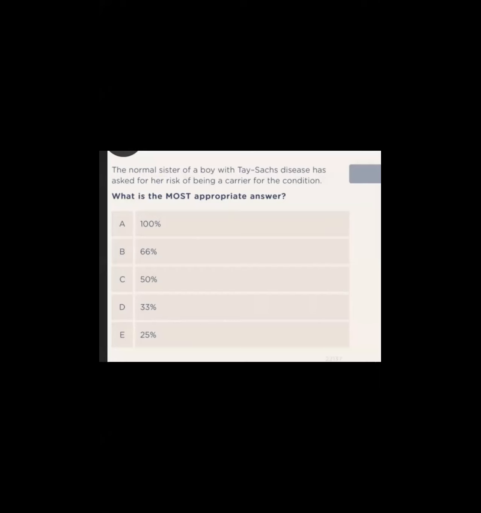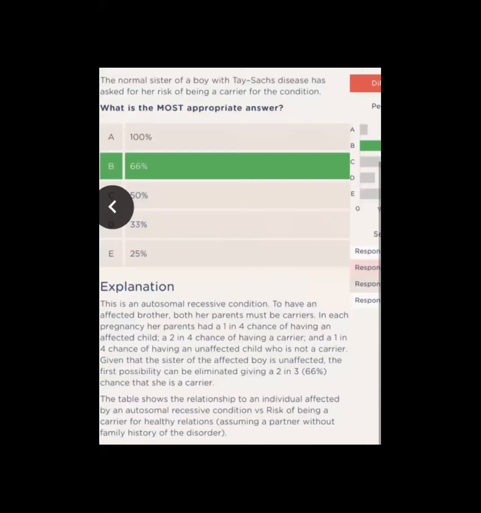We know Tay-Sachs is an autosomal recessive condition, and if any person has an affected brother or sister with Tay-Sachs disease, then the chance of being a carrier is 2/3. So this sister, who has a brother with Tay-Sachs disease, is asking what her chance of being a carrier is. We already know this is 2/3. How is this 2/3 calculated?